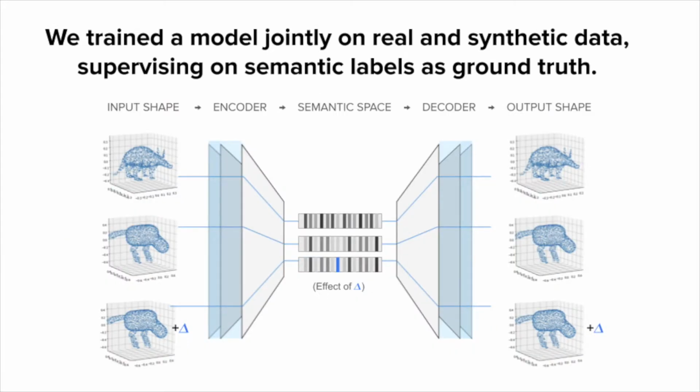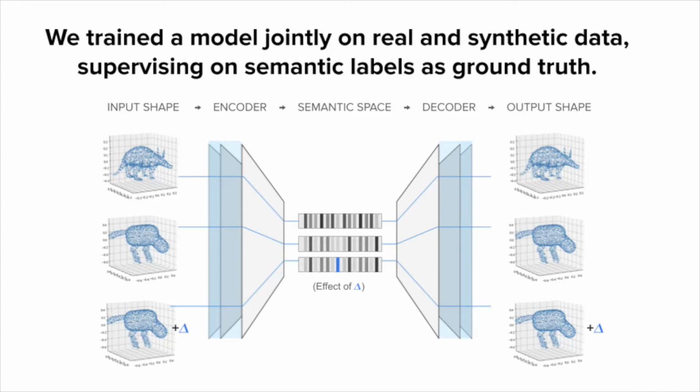We trained a model jointly on this real and synthetic data, supervising on semantic labels as our ground truth. Now, the reason that this paper is titled Neurosymbolic Generation is because the model is learning neurally in a data-driven fashion, but also symbolically. It is learning semantic meaning over the latent space based on the symbolic constraints of the animal meta shapes.